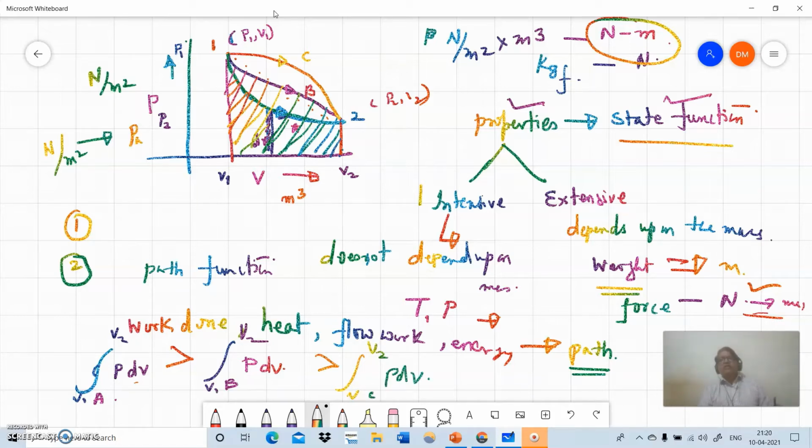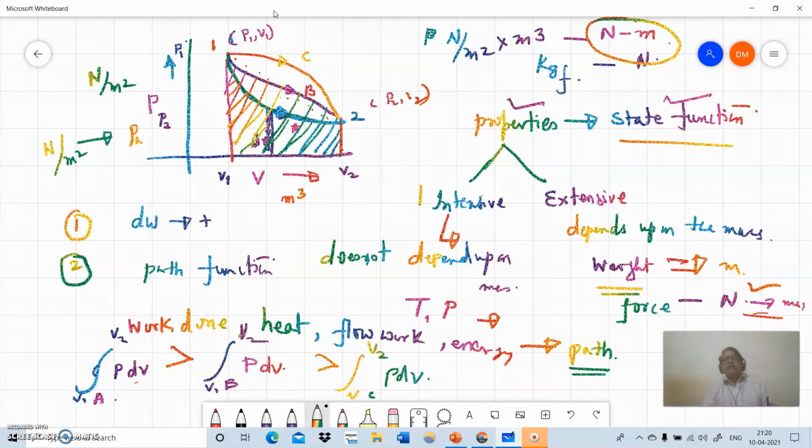That's why we are saying it depends upon the path, whether work is done on the system or work is done by the system. Work done by the system is positive here because it is an expansion. So here V1 changes to V2, so it is an expansion work. That's why work done is positive.